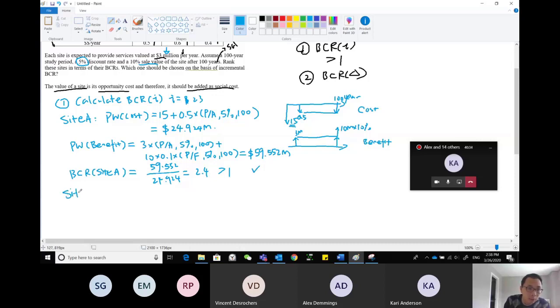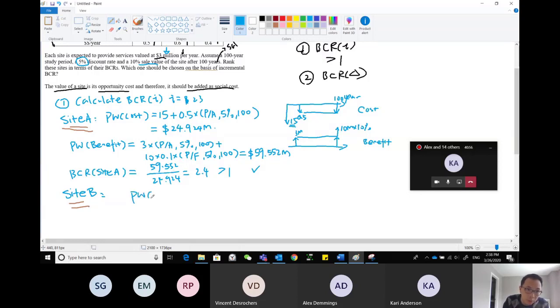Now we take a look at site B. So this is site A, and if I use a different color here, this is site B. For site B, we'll use the same methodology.